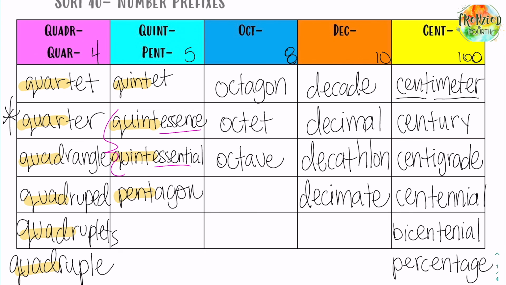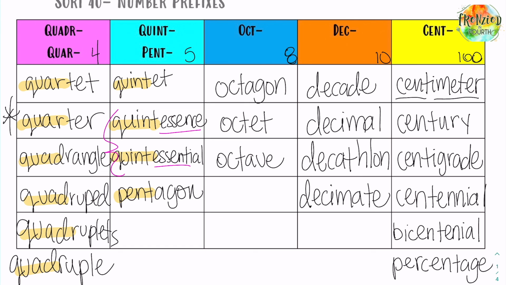If an event or a place has been in existence for 100 years, it can celebrate its centennial, which basically means that it has lasted 100 years. Similar to century being 100 years, but centennial is lasting for 100 years.